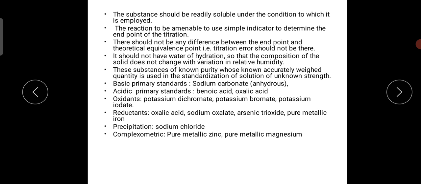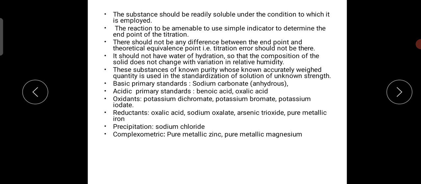Then the primary standard should be soluble under any condition, and we use simple indicators while titrating with a primary standard. And there should be no difference between the theoretical yield and the practical yield, that is, titration error should not be there.